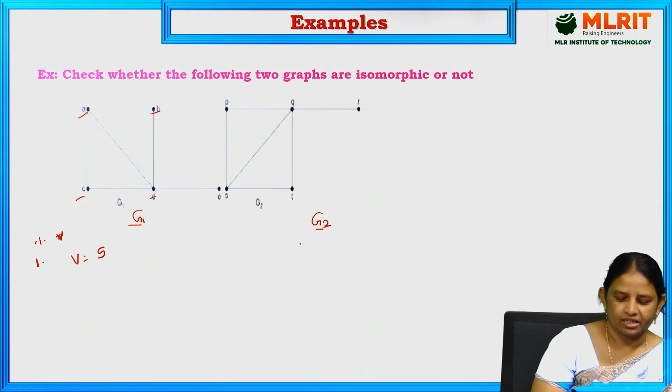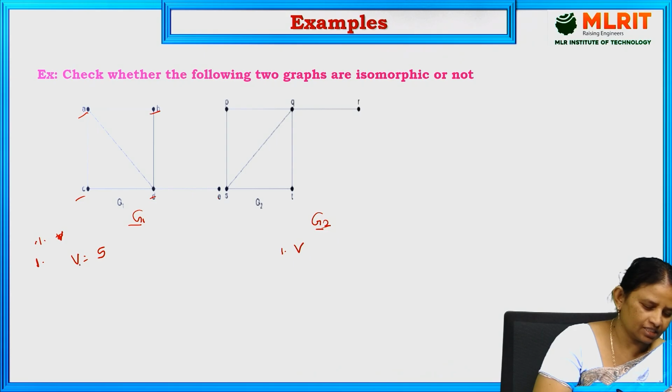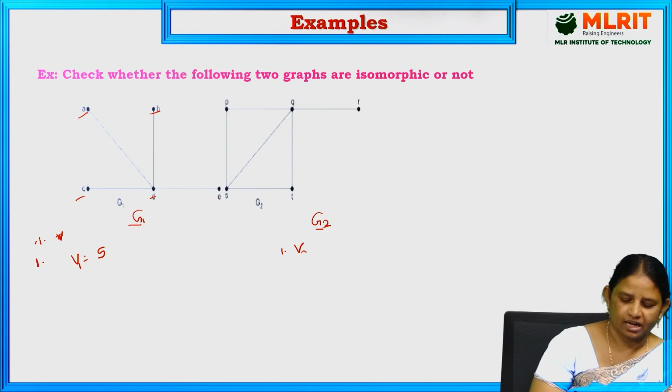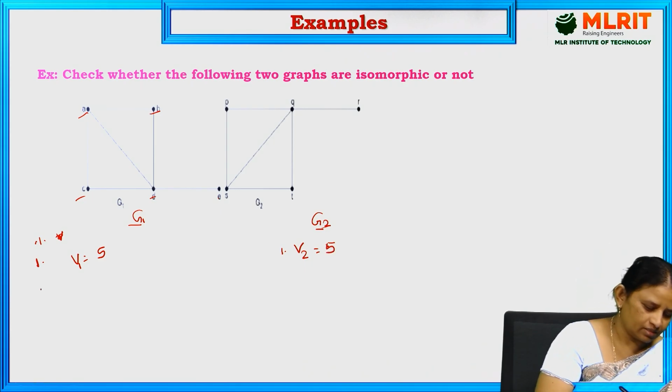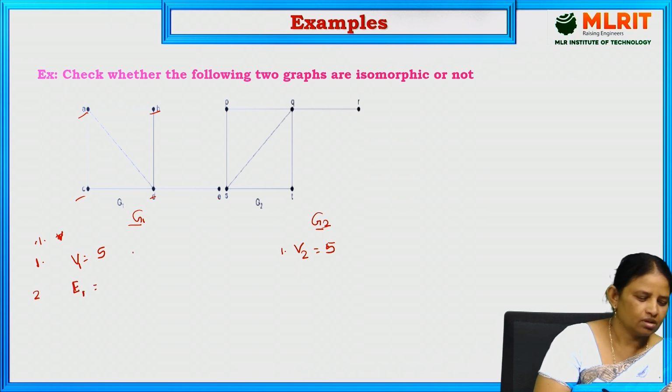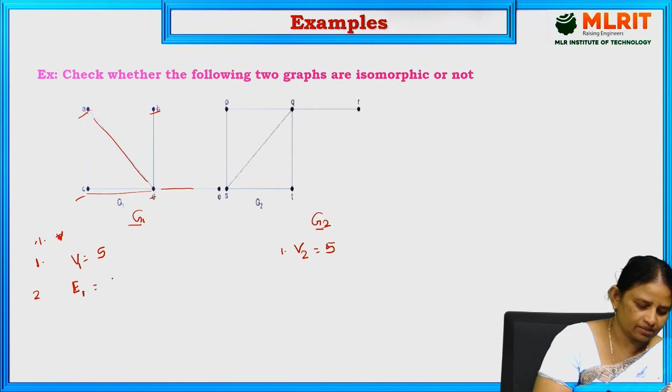How many vertices in the second graph? P, Q, R, S, T. That is the total number of vertices in the second graph. The first graph is V1, second graph is V2. Total number of vertices are 5. 1, 2, 3, 4, 5. Next, total number of edges. 1, 2, 3, 4, 5, 6. 6 edges.